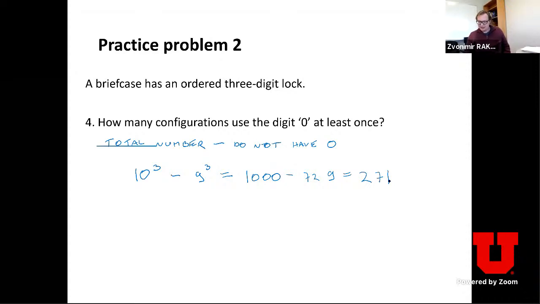Okay. Any questions about this one? Hey, there is another 271. Thank you, Parker. My old brain still works, kind of, I guess.